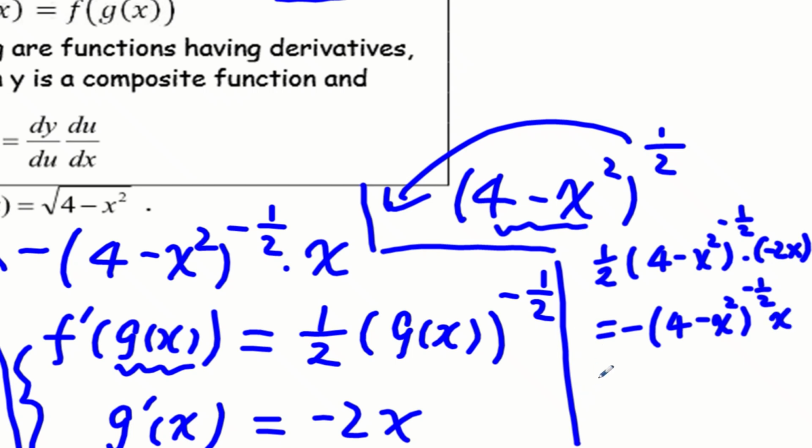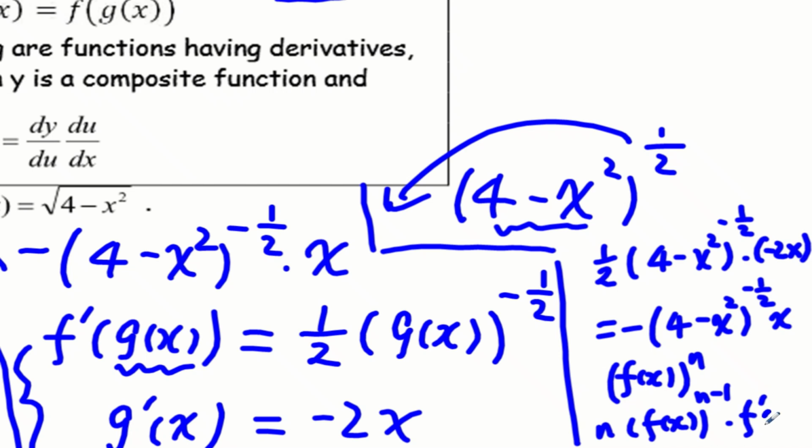It's just like you have a function f of x to the exponent n. The derivative of this is: you bring the n to the front, then f of x to the exponent n minus 1, then multiply by the derivative f prime of x.